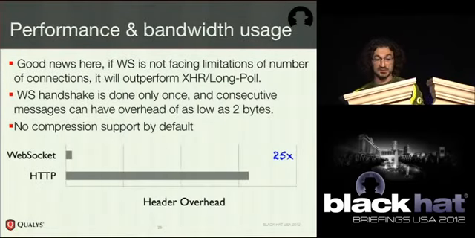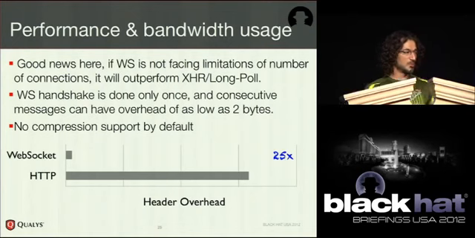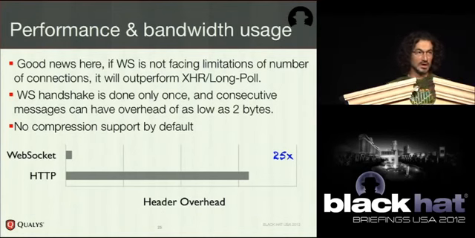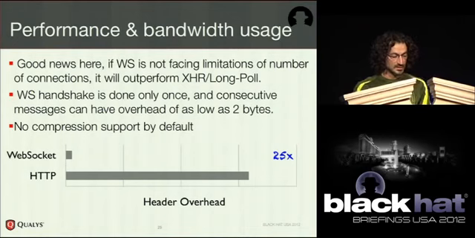Here we see this huge number, 25, sticking out on the right, and that's what we saw in our little demo. That was the header overhead of XHR compared to WebSockets if we were running the same webcam app implemented with WebSockets versus traditional HTTP.